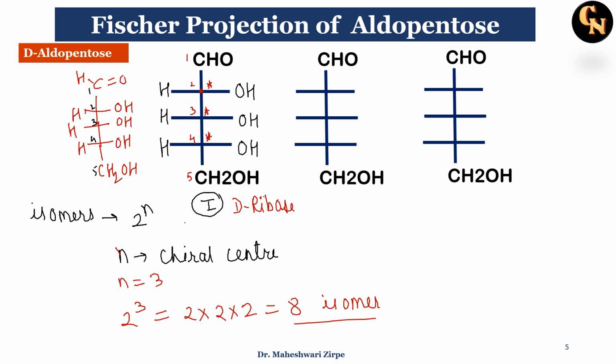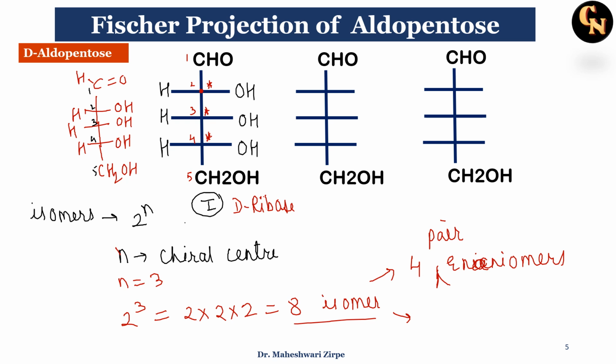Out of these 8 isomers, we will have 4 pairs of enantiomers. What do you mean by pair?